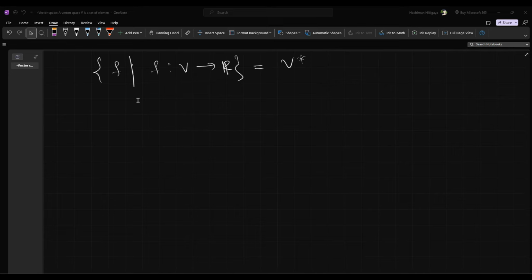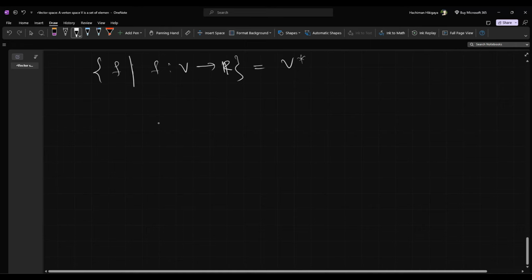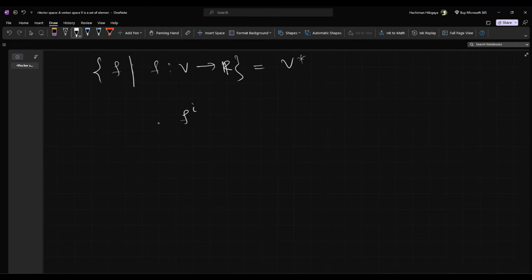Let's say the basis of the dual space is f1, f2, ..., fn, which is the basis of V star, and the basis of our vector space V is epsilon1, epsilon2, ..., epsilon n.